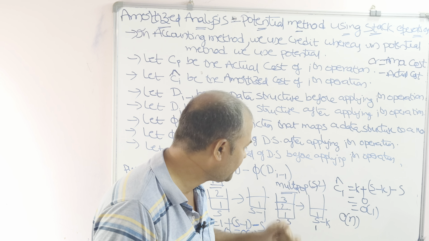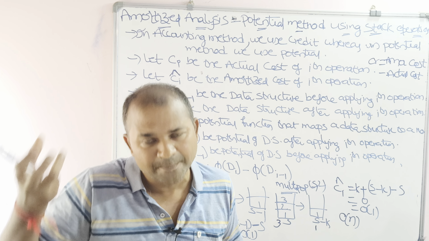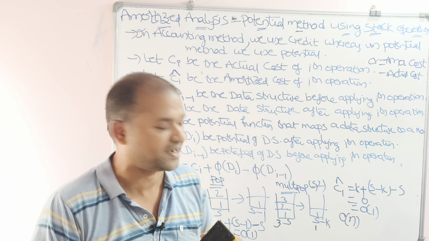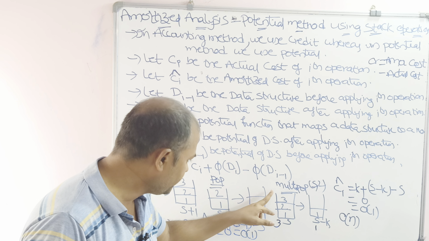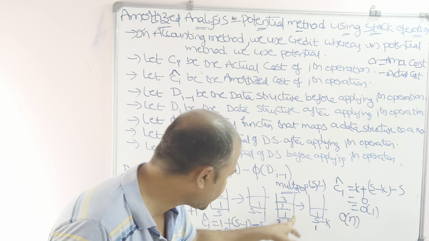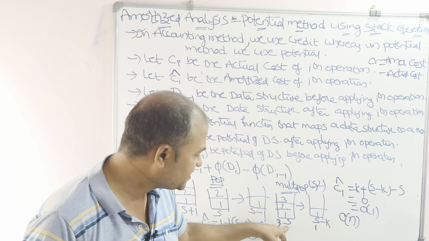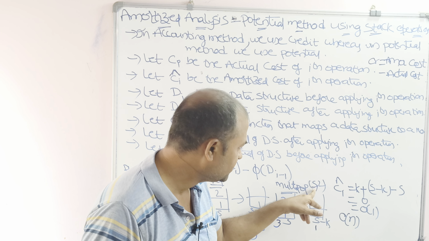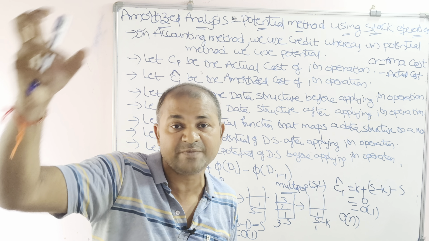Now let's see the last operation, that is multi-pop. With the help of multi-pop, we can remove multiple elements from the stack. Let us perform multi-pop of s comma 2. Here, before applying the multi-pop operation, let the stack contain 3 elements: 1, 2, 3. After applying multi-pop of s comma 2, the topmost 2 elements will be popped.